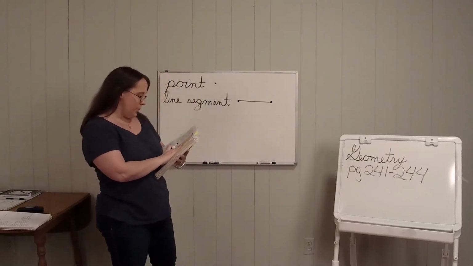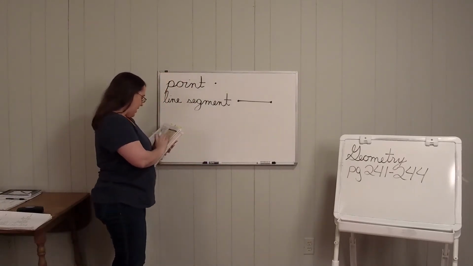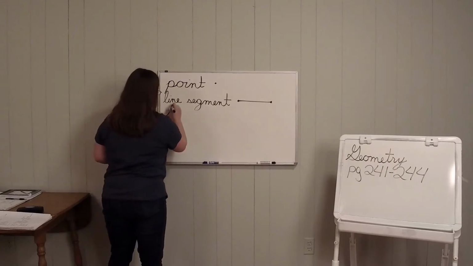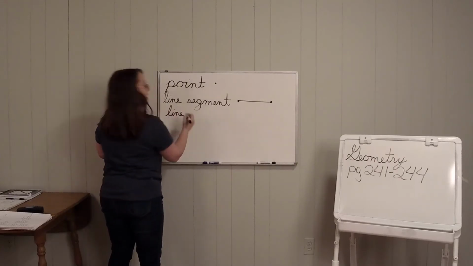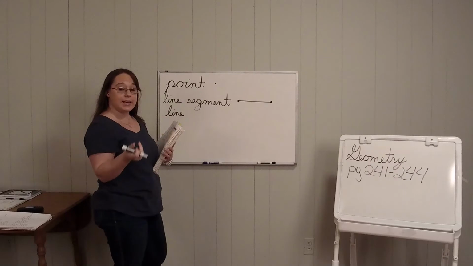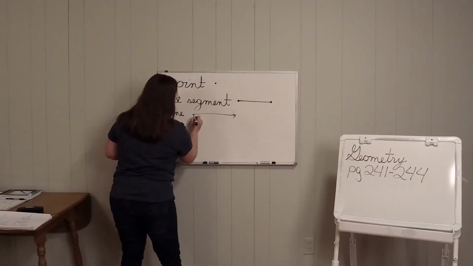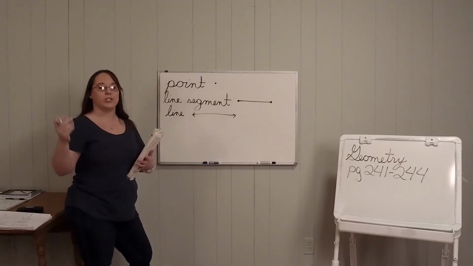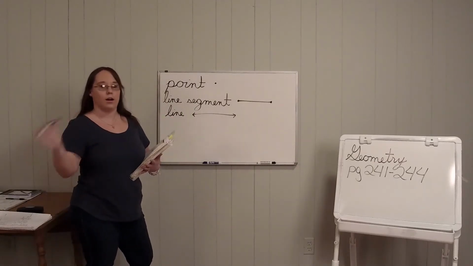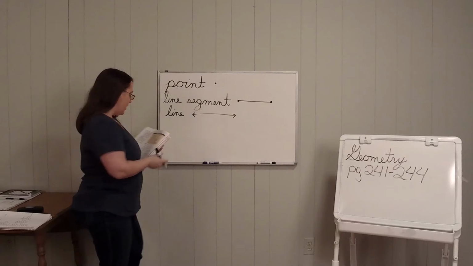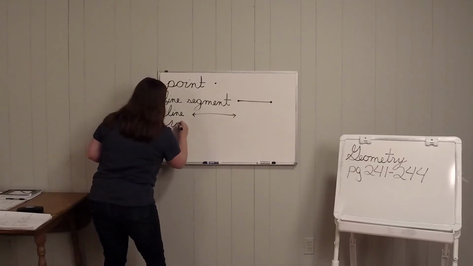Alright, then we have a line. And the reason it's different from a line segment is a line keeps going and going. It has no endpoint. It goes on and on and on. Then you have a ray.